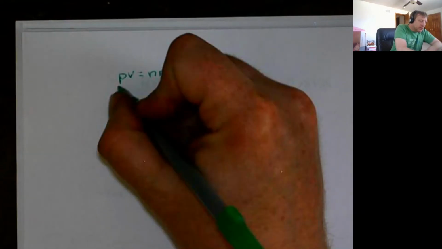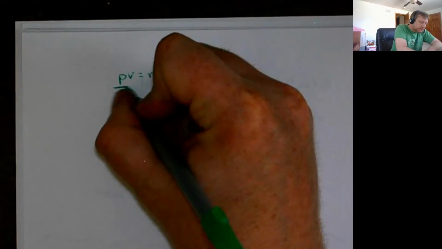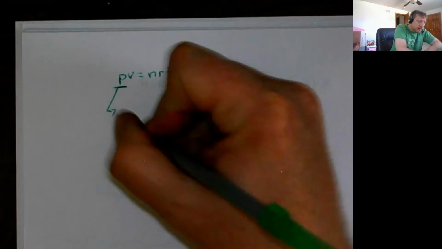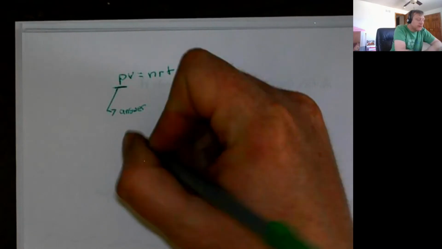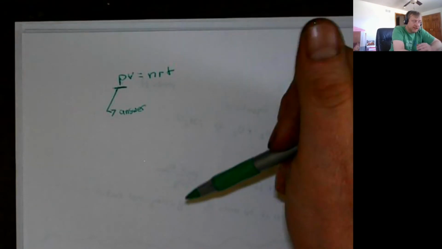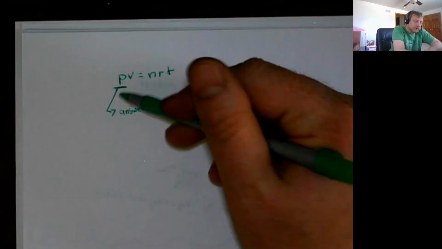Okay, so the pressure, that's going to be your answer from the previous question. That's what you were finding. You were finding your partial pressure of hydrogen. Well, your pressure of hydrogen times its volume.